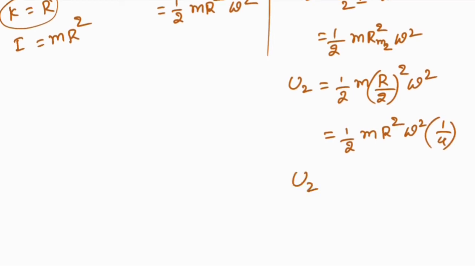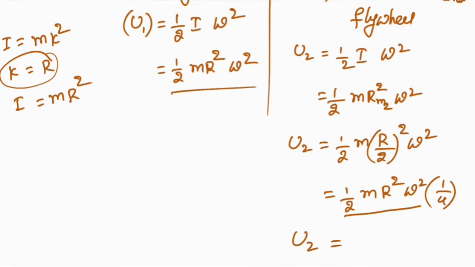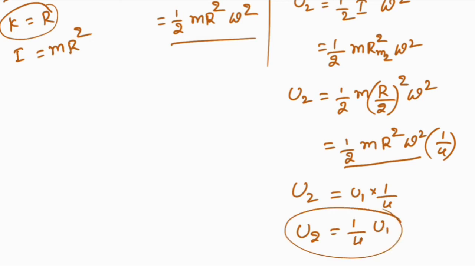So u2 equal to this, half m r square omega square, which equals u1, into 1 by 4. Therefore energy stored in the second flywheel is 1/4 of the energy stored in the first flywheel.